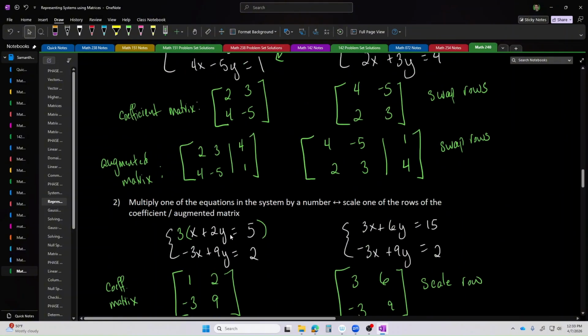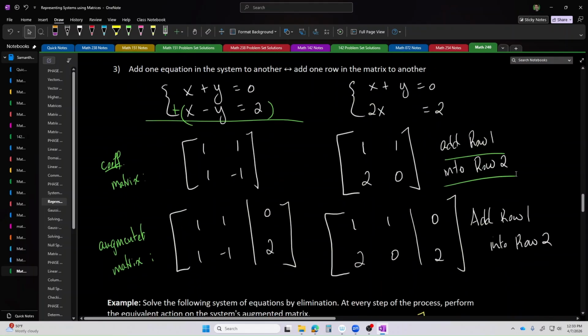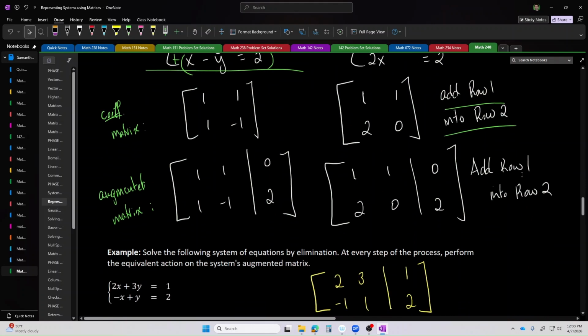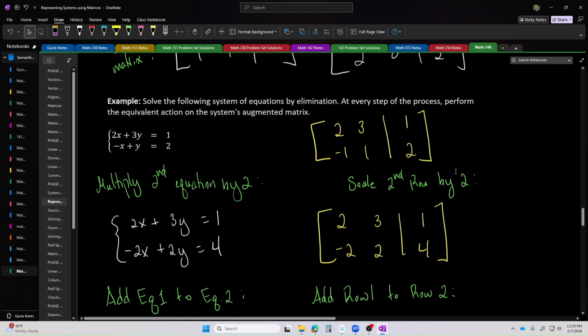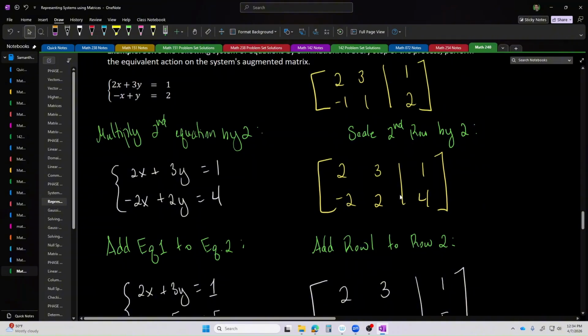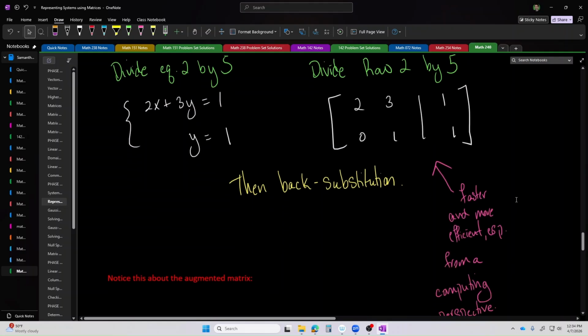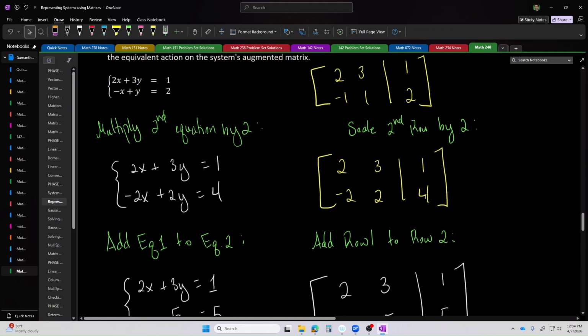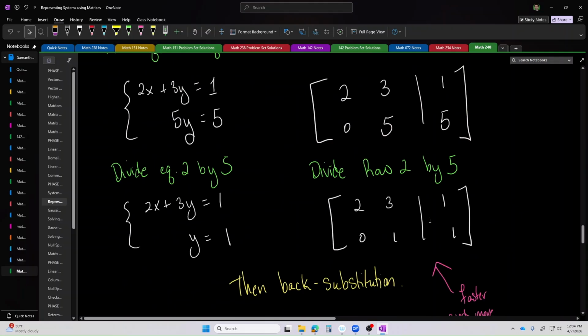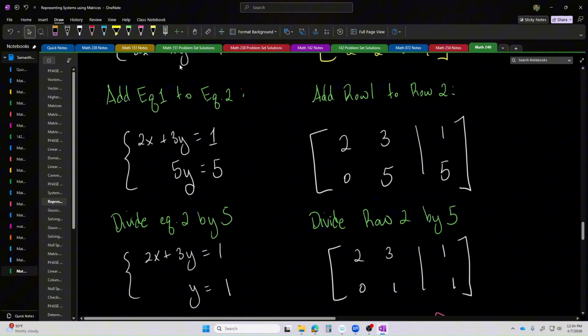And so every single action that we take as we solve a system of equations has a corresponding action that we perform on the augmented matrix. And going forward, what we're going to do is basically create the augmented matrix, leave the system of equations behind, and perform the elementary row operations on the augmented matrix only. Because, particularly from a computing point of view, performing the actions on the augmented matrix is much faster and much more efficient than trying to perform those actions on the actual system of equations with all the variables still in it.